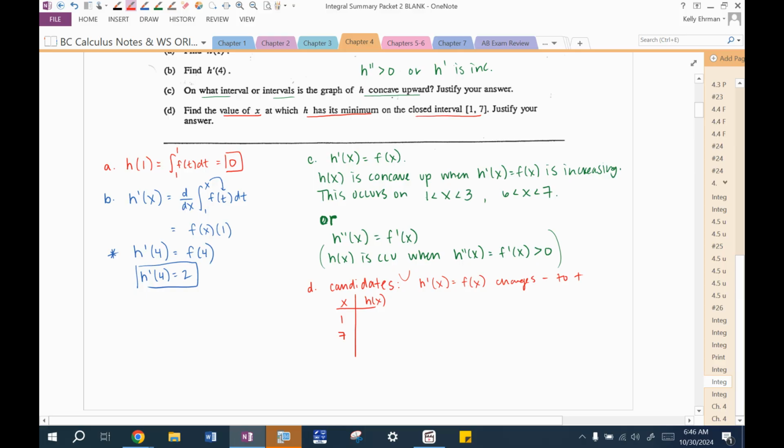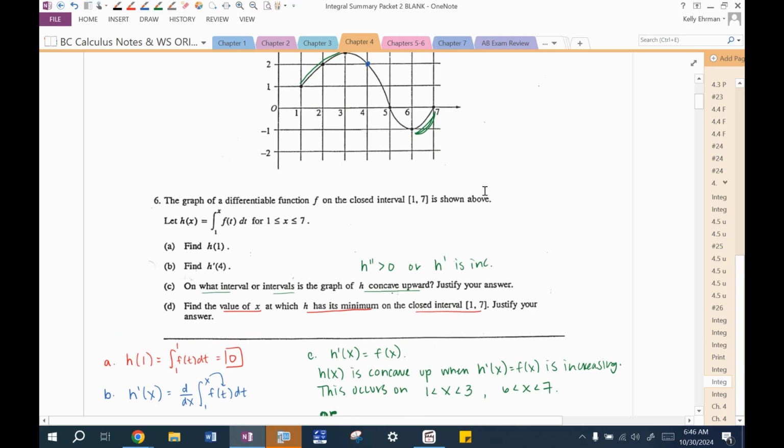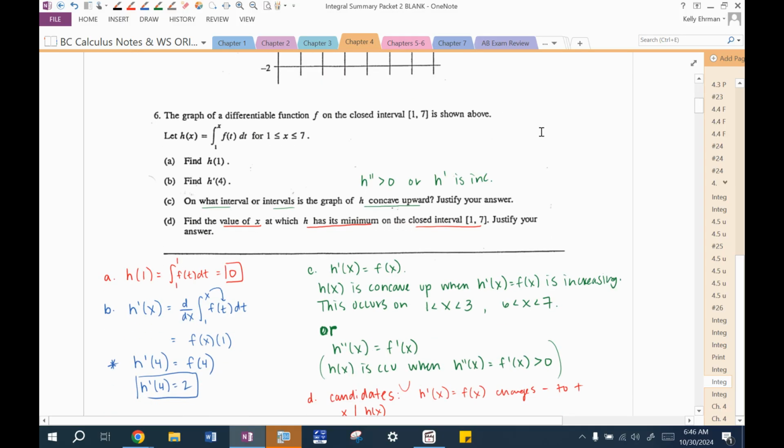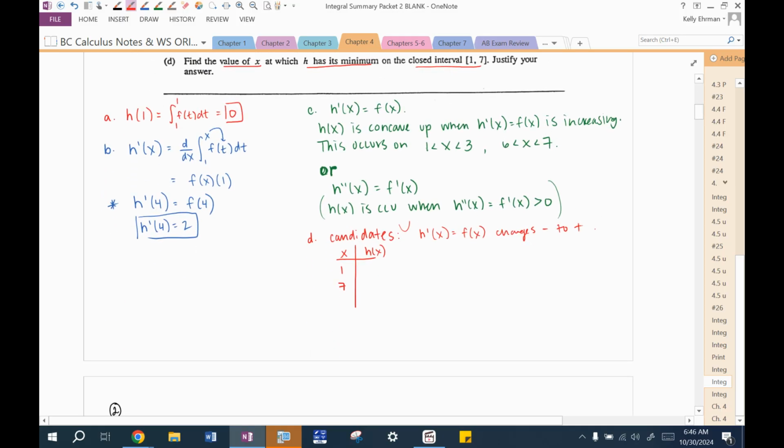This is more for me to keep it straight in my brain. So I'm looking at f of x. Does f of x ever change from negative to positive? No, it changes from positive to negative, but that would be h prime going up and then down. So there are no relative minimum points. So the only candidates here are at 1 to 7.